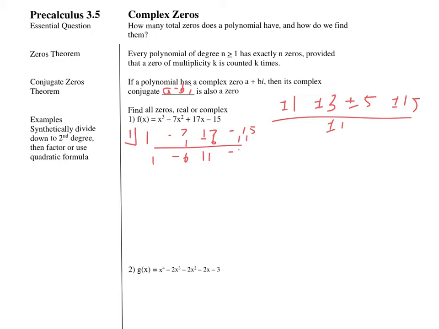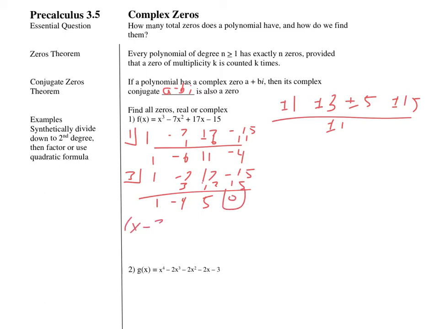That is not going to work. So I'll go ahead and try out 3. And so it'll give me 1, 3, negative 4, negative 12, 5, 15, and then 0. So that one does work.